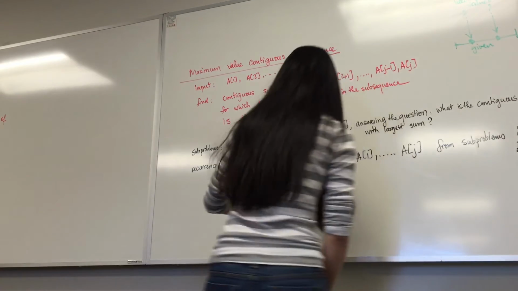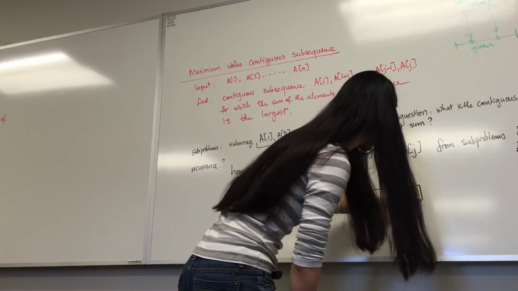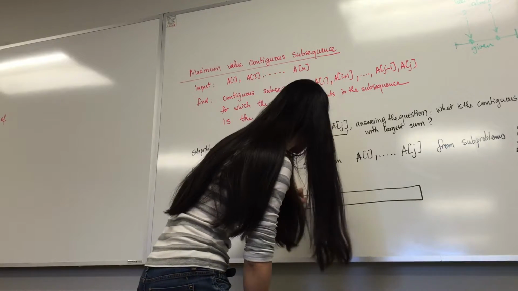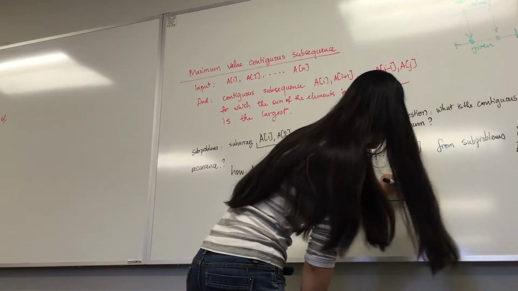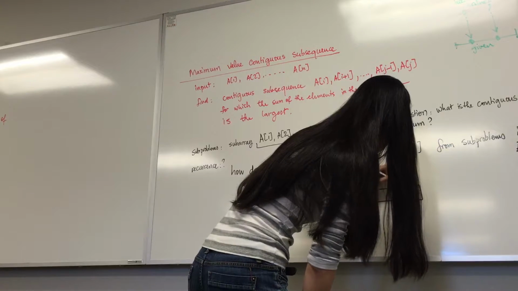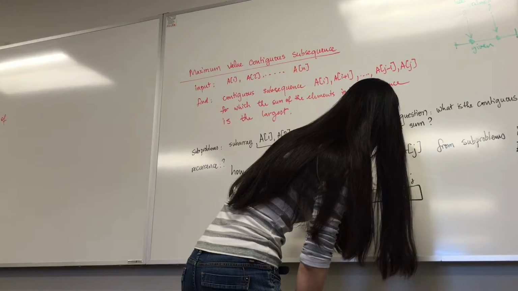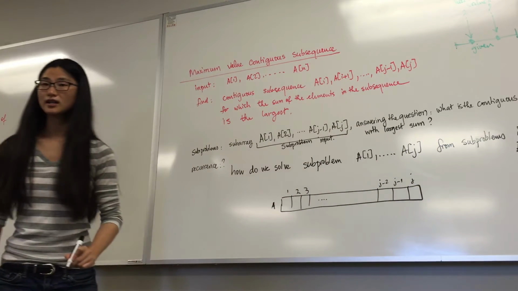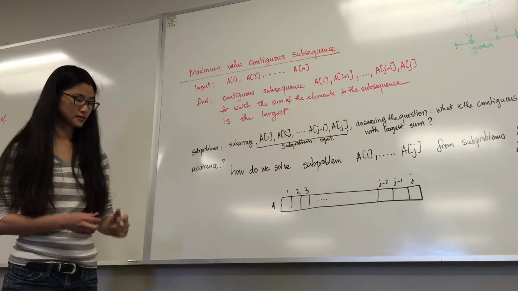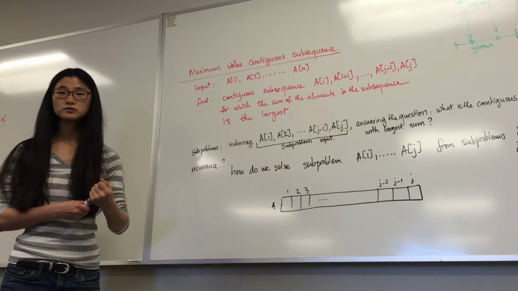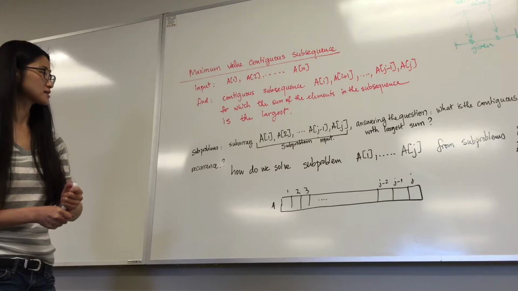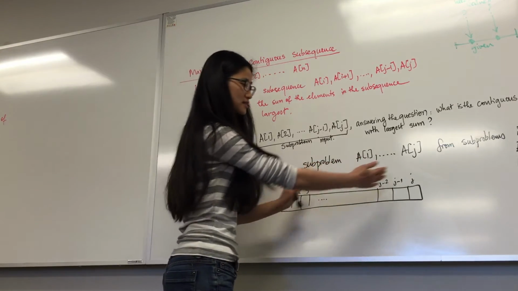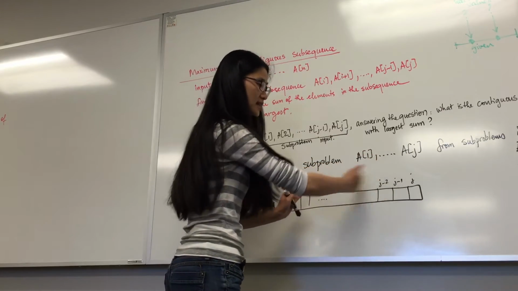So let's try to understand what the problem is. Right, so here's our array A. And now the question we're trying to answer is not which is the subsequence that gives you the largest sum and that ends anywhere, right?